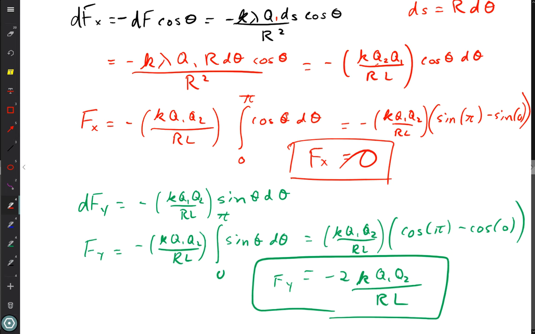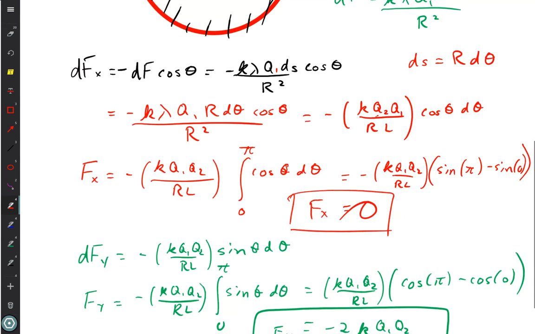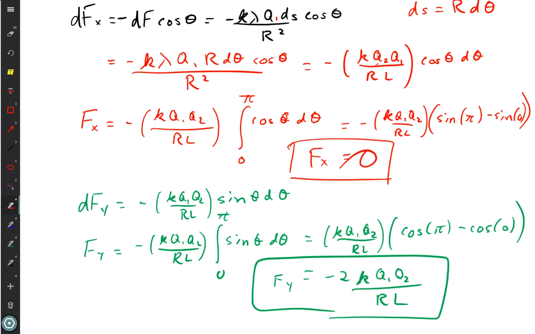So I've done Fx and Fy separately. So what is the net force acting on this? Force vector is equal to what? It's going to be 0 in the x direction plus this value in the y direction.